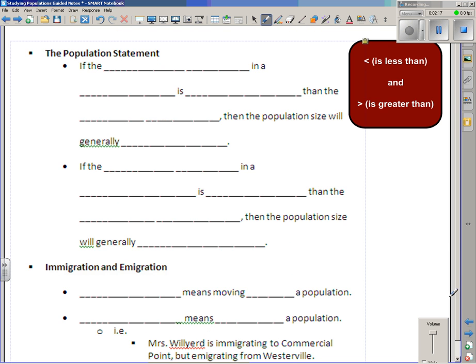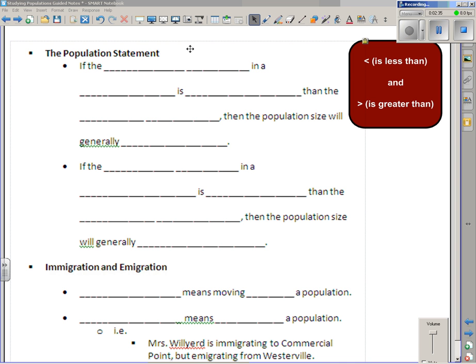Okay, now you can write these in a population statement. So a population statement is one way to write about birth rates and death rates and how that's affecting your population.